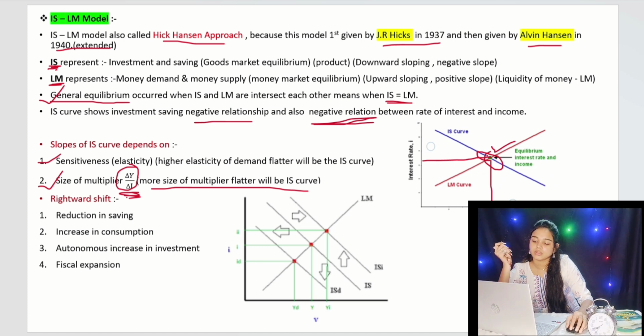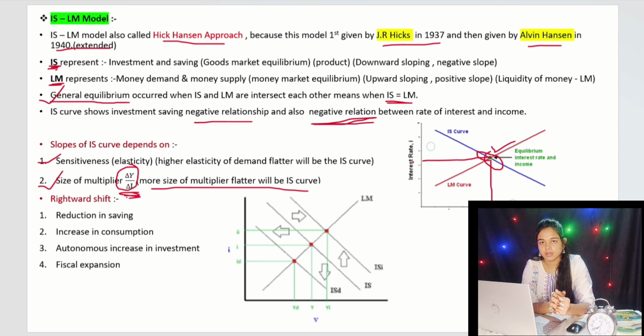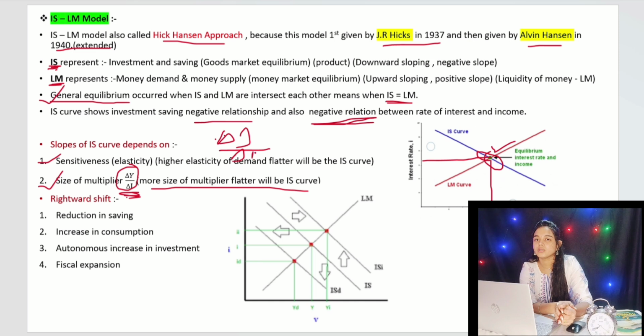And one more thing, sensitiveness is calculated through change in investment by change in rate of interest, or interest elasticity of investment, where if the rate of interest decreases, investment increases, and if investment decreases, the rate of interest increases. They are negatively related. Fine.